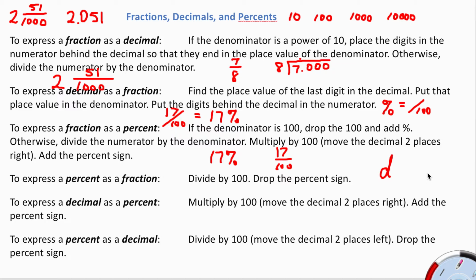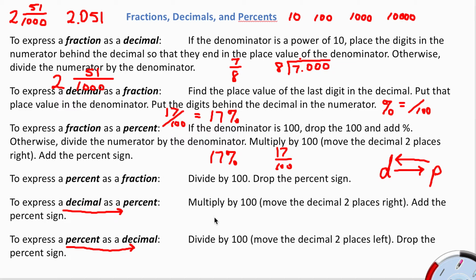The letter D comes before P. So if I'm starting with a decimal and moving to a percent, I would move my decimal point in that direction. If I'm starting with a percent and going to a decimal, I would move it in that direction.